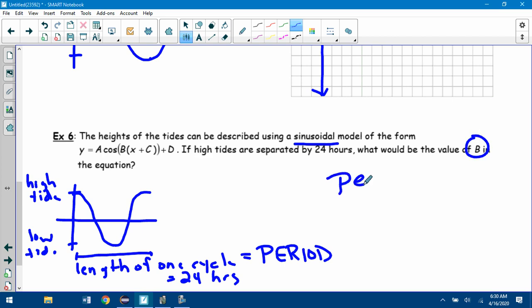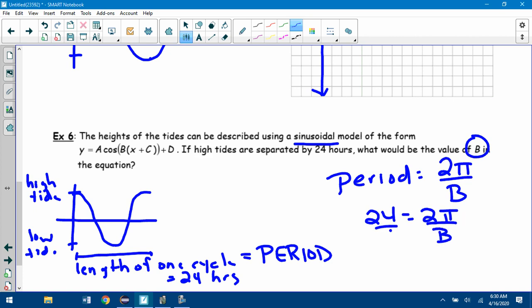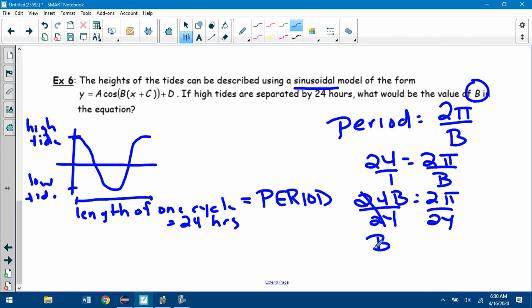If you analyze this and realize that period is 2 pi over B, what's this period equal to? 24 equals 2 pi over B. So cross multiply. 24B equals 2 pi. Divide by 24. What's B? Pi over 12.